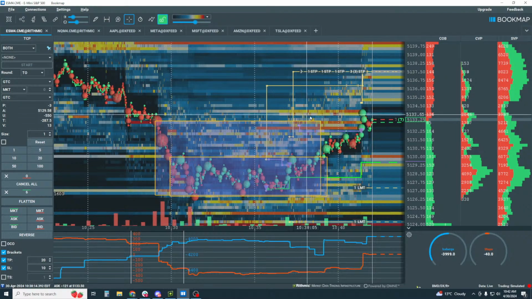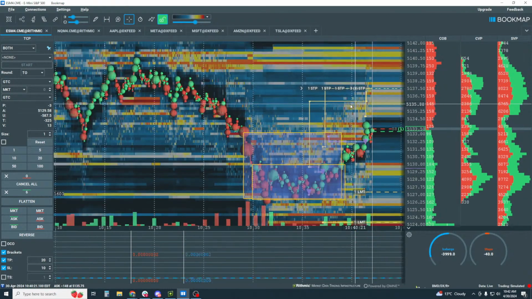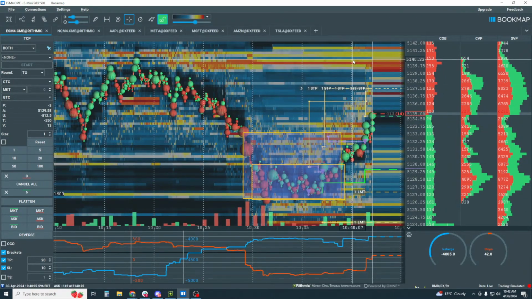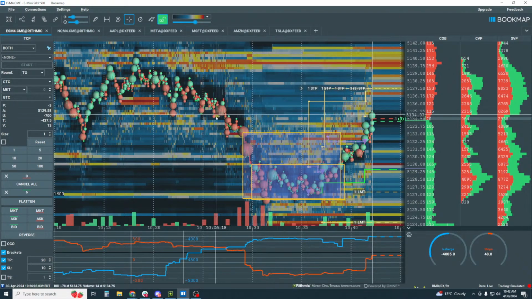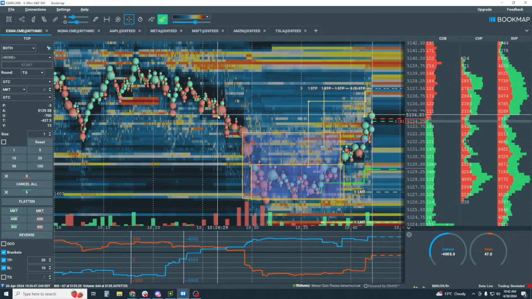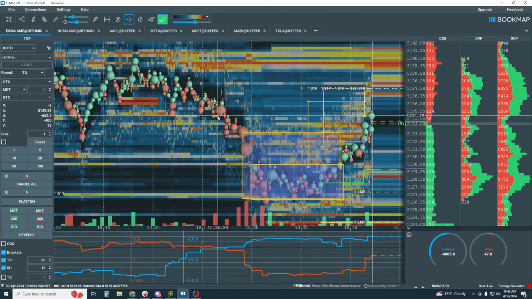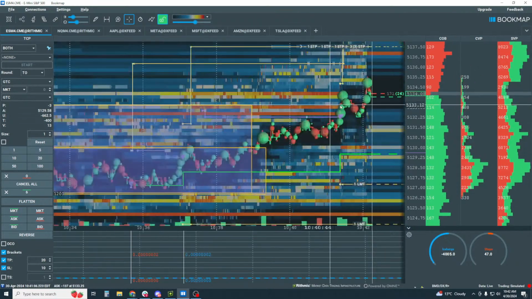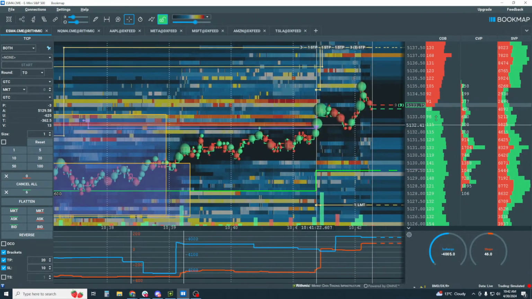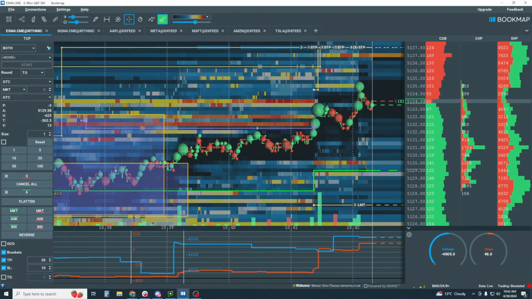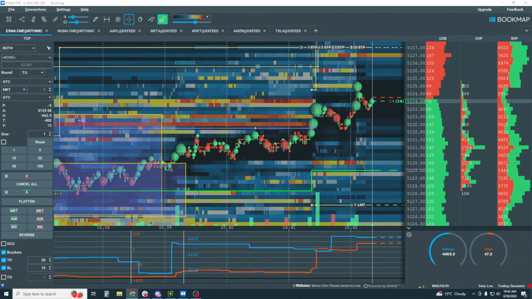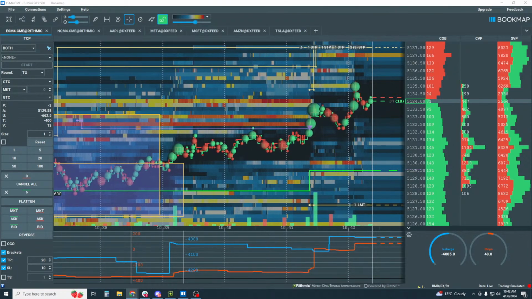And that is the trade management idea as well. And we'll see if there's any questions.